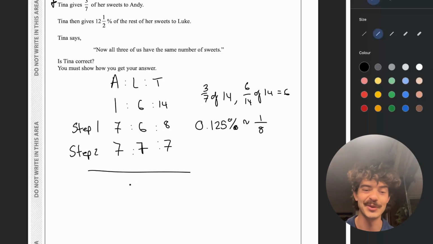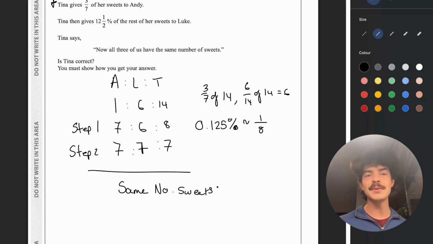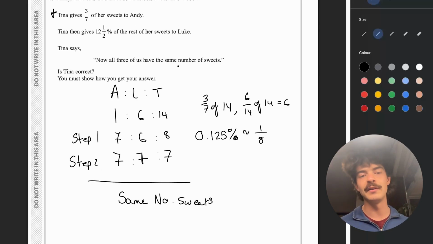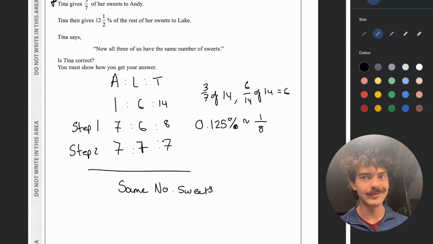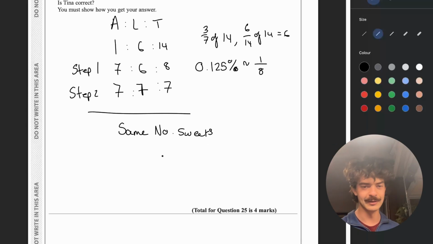That means they've all got the same number of sweets. Right, and because we're dealing with percentages and fractions the whole way through, it doesn't actually mean they've just got 7, right? They could have any multiple of 7.